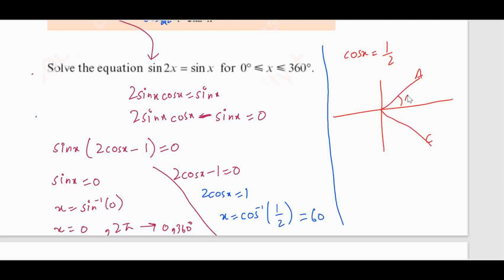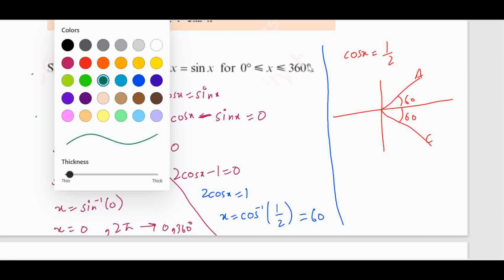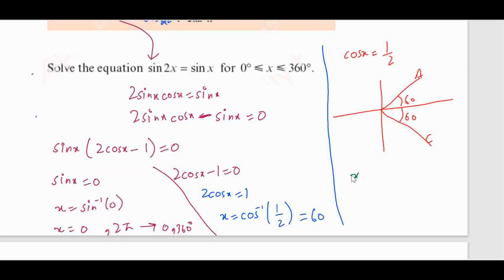This angle will be 60 degrees, and the other angle, this whole angle, will be equal to 360 minus 60, which means 300.